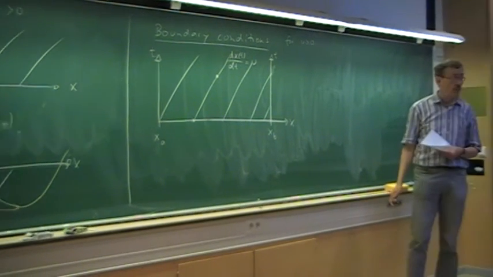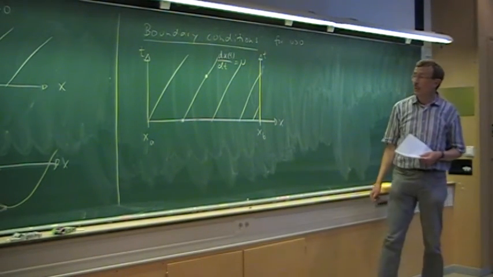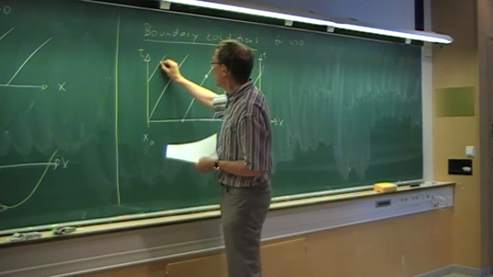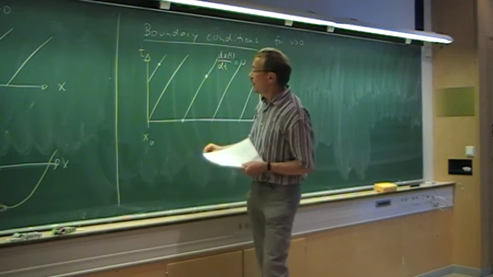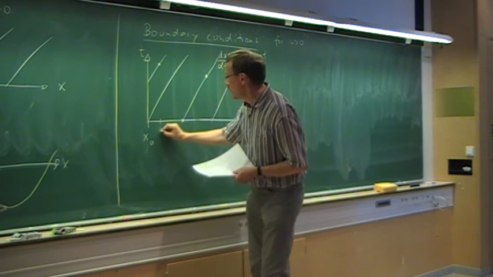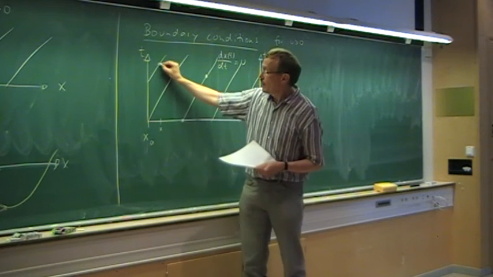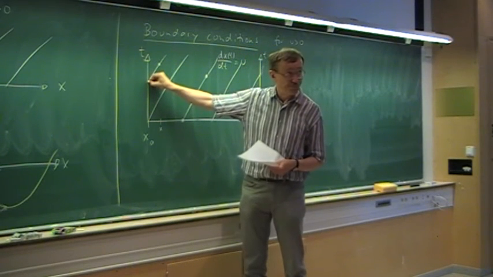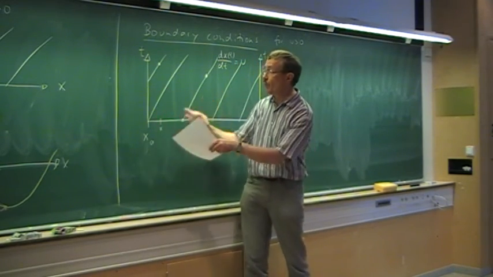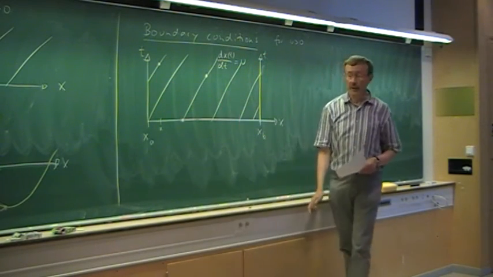So that is no problem. That is clear. But what if we are, for example, at a point here? If we are at a point here, this is our x location, then we will hit the boundary. We cannot get to the initial condition because our domain ends there at xa.